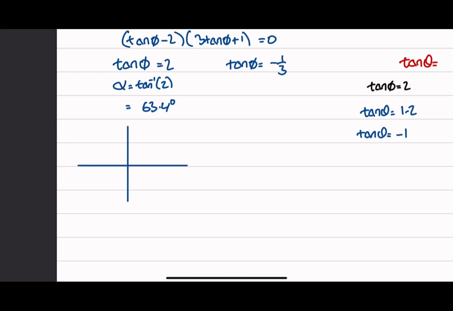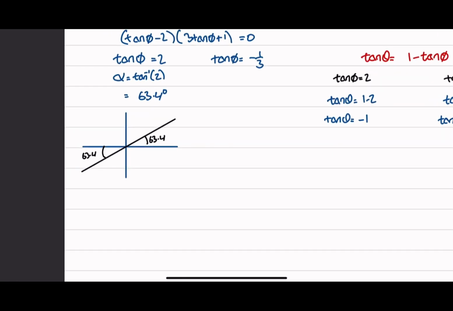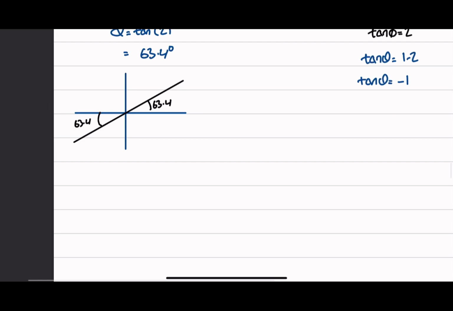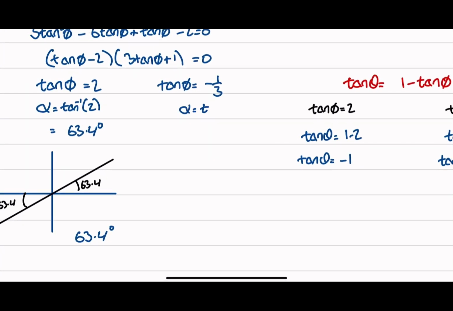Since tan is positive over here, and tan is positive in the first and third quadrants, the one answer I get between 0 to 180 range from this will be 63.4 degrees. We do the same for this, so alpha equals tan inverse of 1 over 3.